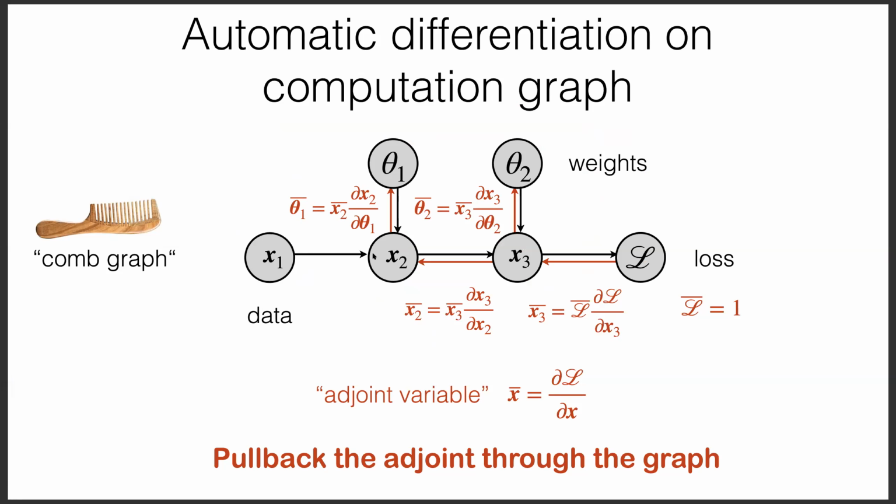The so-called forward pass on the computation graph is basically the computer execution. To think about the gradient, let's define something called an adjoint variable. That is basically the gradient of the output, the so-called loss function, with respect to certain data.